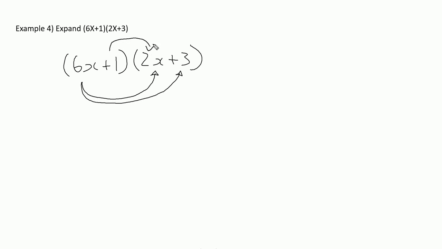You draw an arrow to the first term in there, and then you draw an arrow to the second term in there. So it's everything in this bracket multiplied by everything in this bracket once. So you should always have 2 arrows pointing to each of these values and 2 arrows coming from each of these values, assuming of course there are only 2 terms in each bracket.